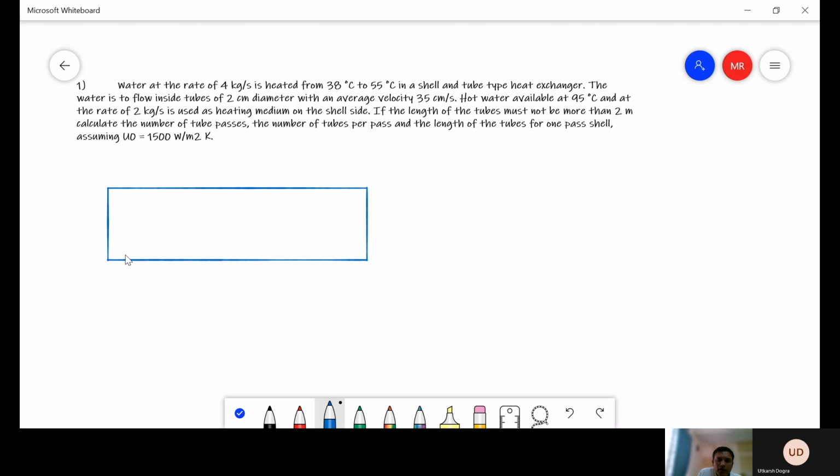One fluid is flowing through and coming out, and there are different tubes. Maybe I'll just show different tubes.